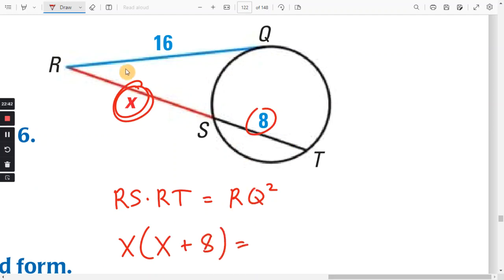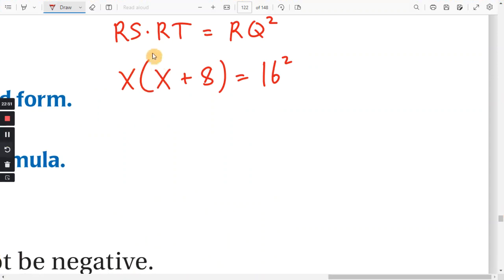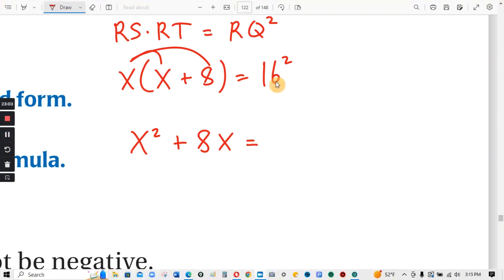RQ squared is going to be 16 squared. Distributing, x times x is x squared, x times 8 is 8x, and 16 squared is 256.